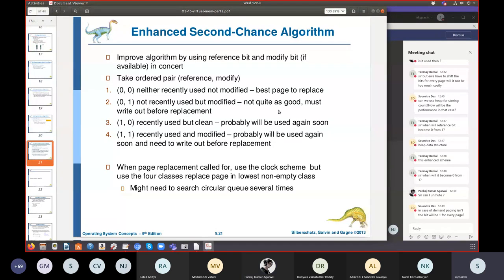Shomitra is asking, in case of demand paging, isn't the bit 1 for every page? Why? If you are saying pure demand paging, that means a page is brought to memory only if it is accessed. Yes, in case of pure demand paging, the reference bit should be 1 for every page. But not all demand paging algorithms are pure demand paging.